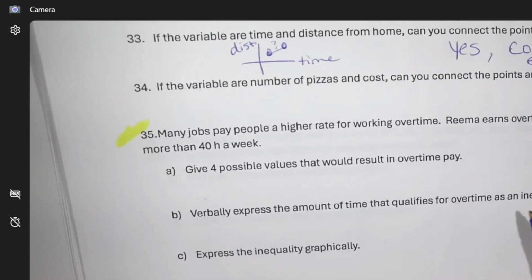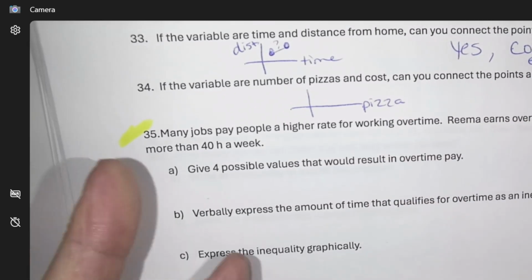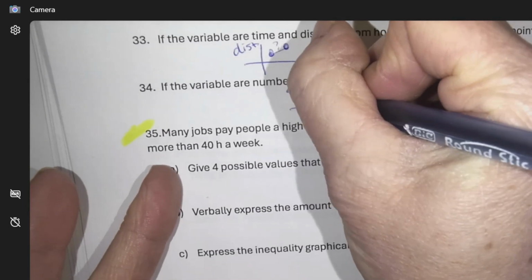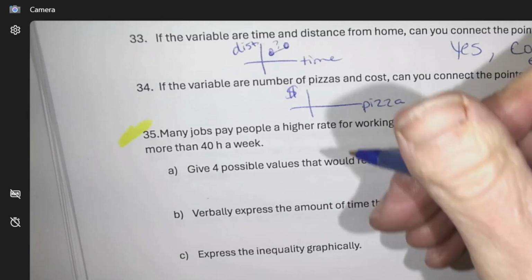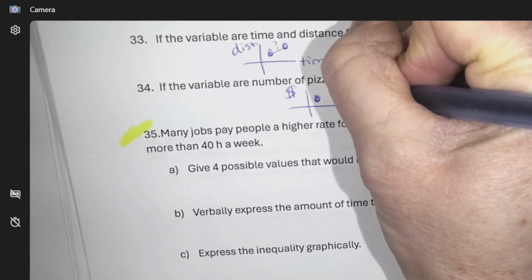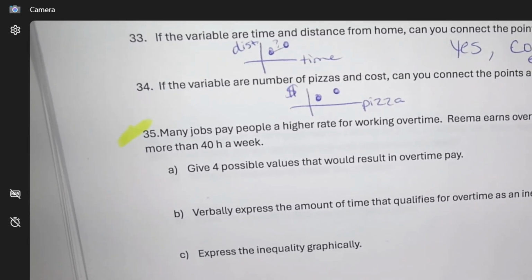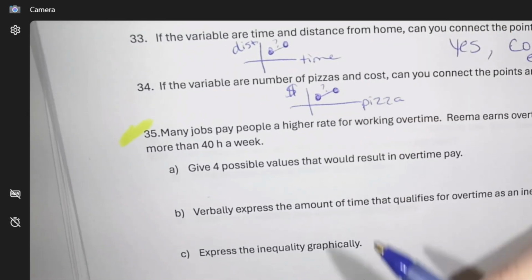If my variables are pizza, how many pizzas I ordered, and the money of my bill, it's the cost of the pizzas. So if I buy a pizza, and I have all these dots, could I also go in between?